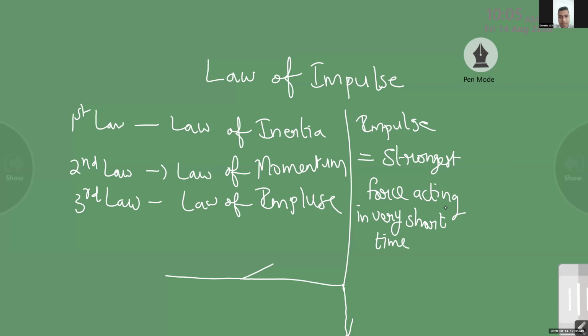Some of the pace bowlers, Ishant Sharma and our famous Pakistani bowlers, the amount of speed they throw the ball with, you see the impact is too much. So it is a very short time. Similarly in football, if you kick and make a goal, you see the impact of it. Even the entire court will shake, no? That is the thing.